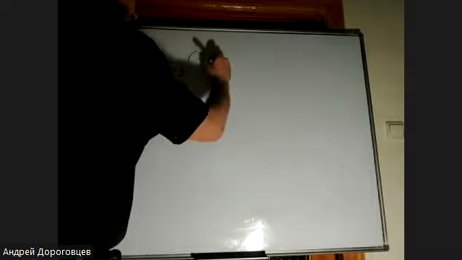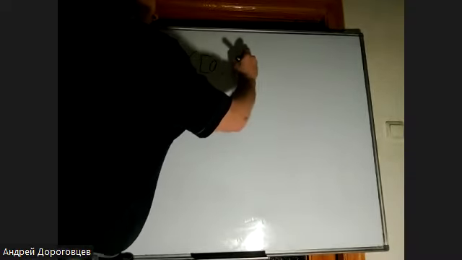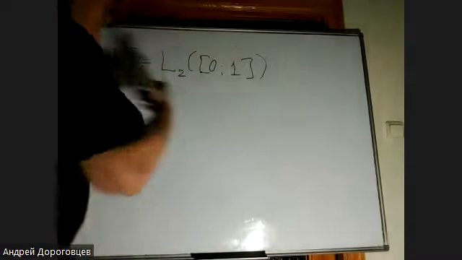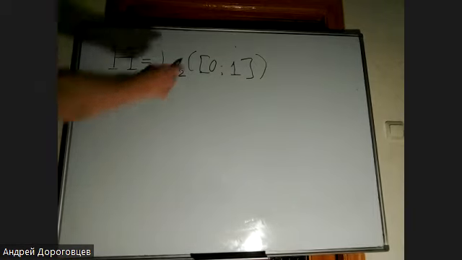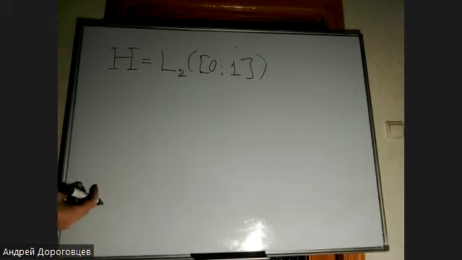I prefer 0, 1, but of course it can be an arbitrary interval or even the half line from 0 to infinity. The inner product is defined as usual, the integral of the product of the functions.